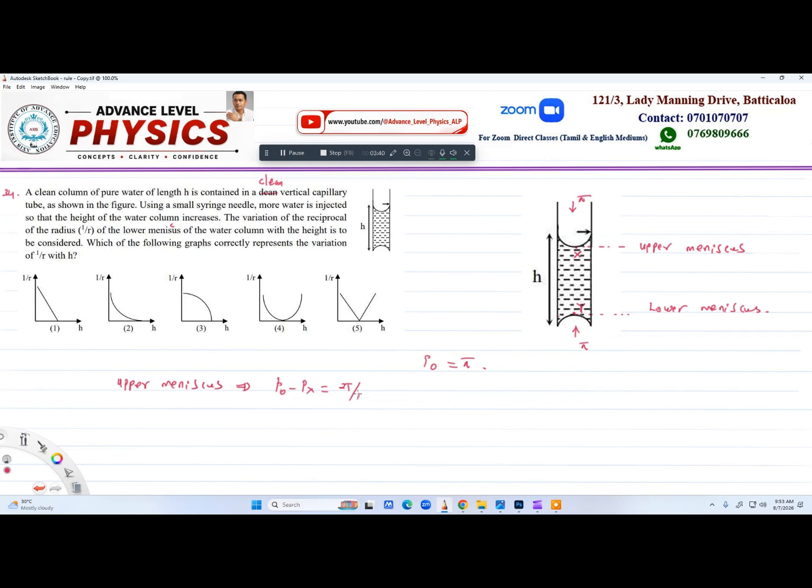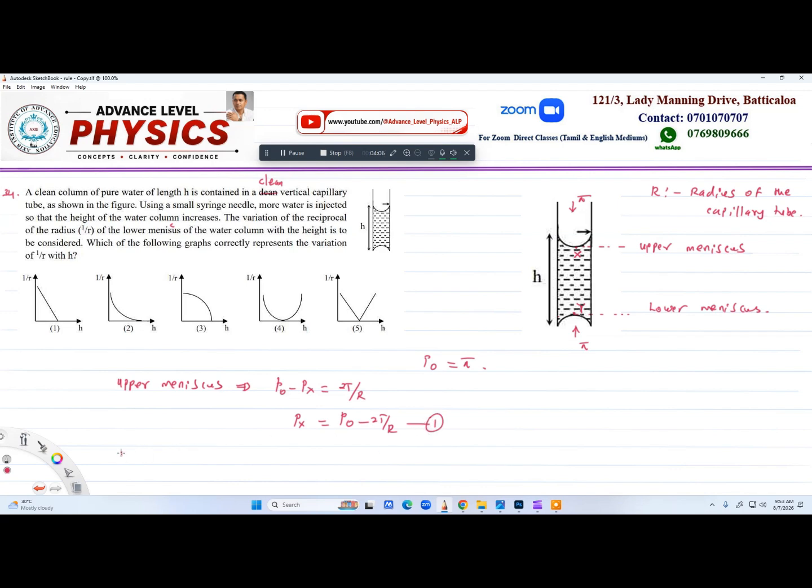Let us assume that as R, the radius of the capillary tube. Now we can find Px. Px is P naught minus 2T over R. Let's say this is equation 1.